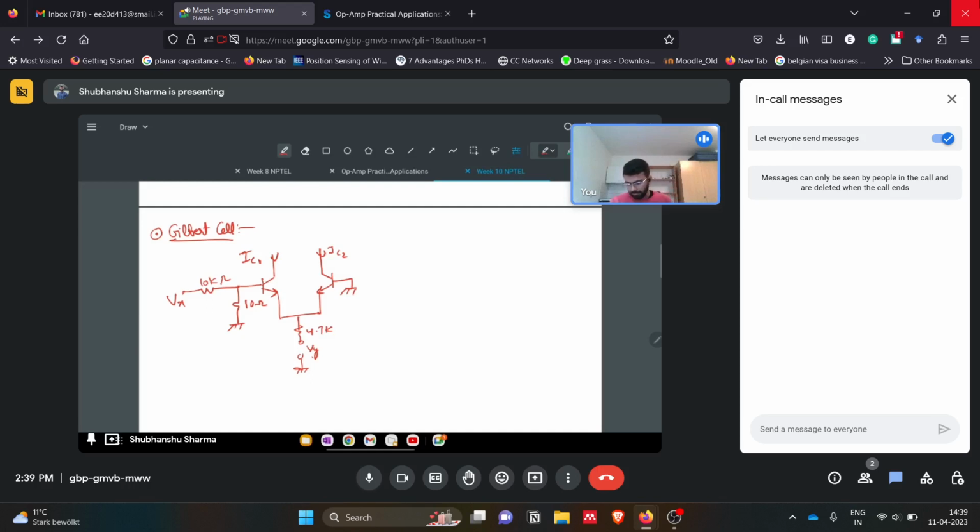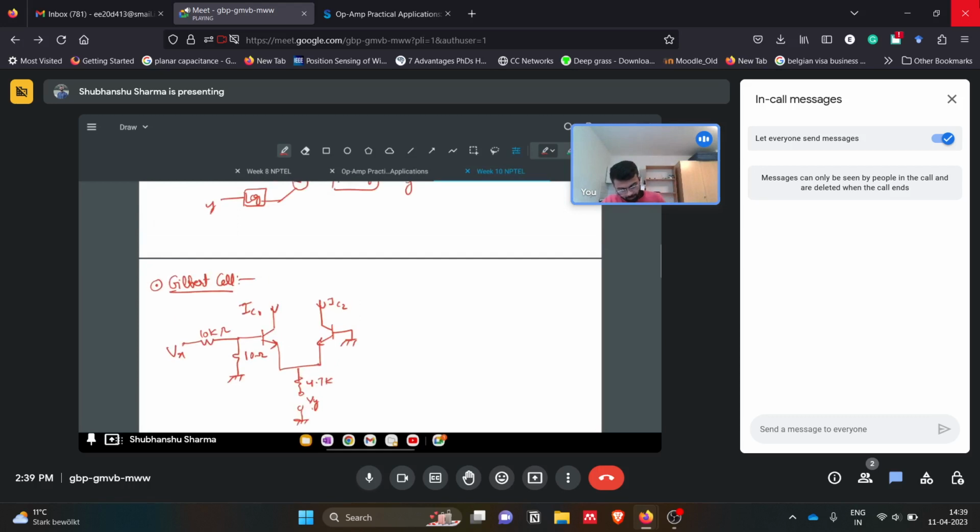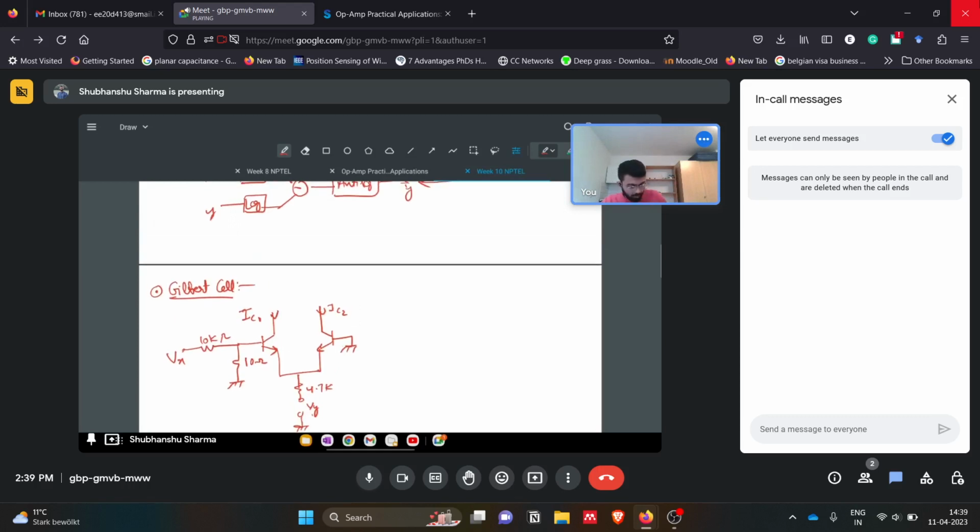So in this case, if we talk about the relation between the collector current of a silicon junction transistor and transconductance, these are related as dIC by dVB equals to QIC by KT.